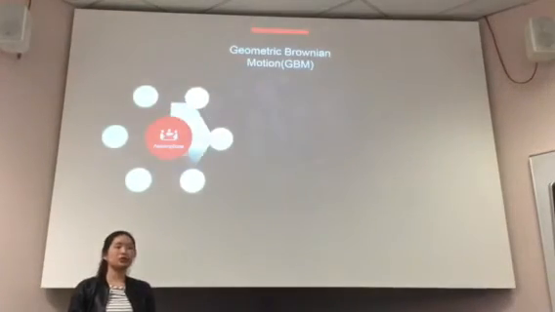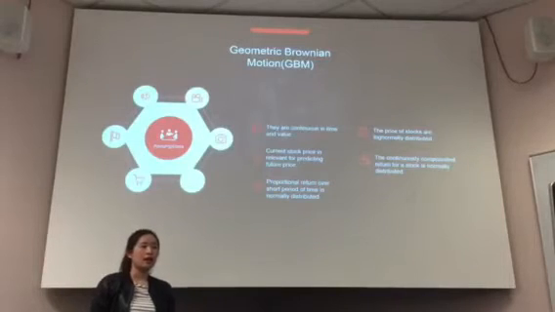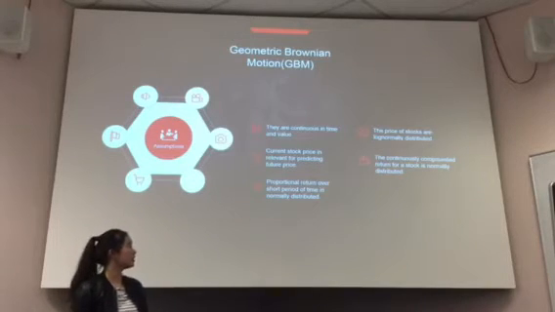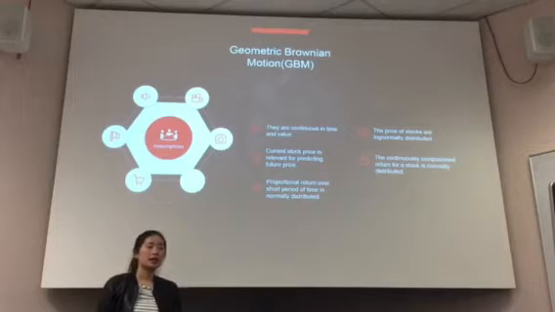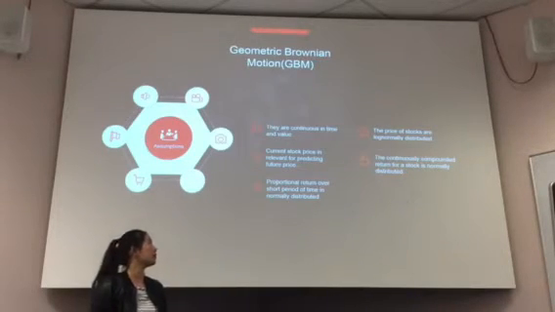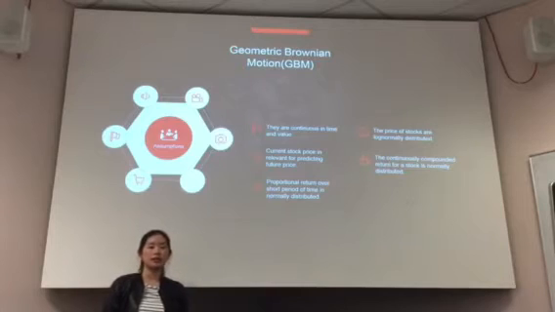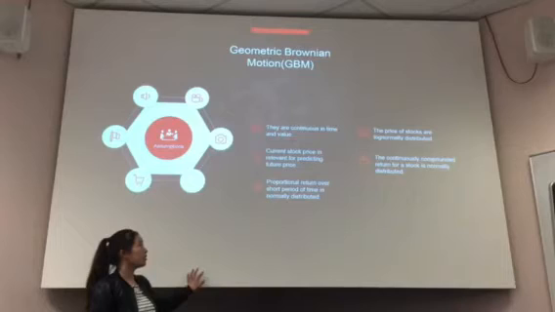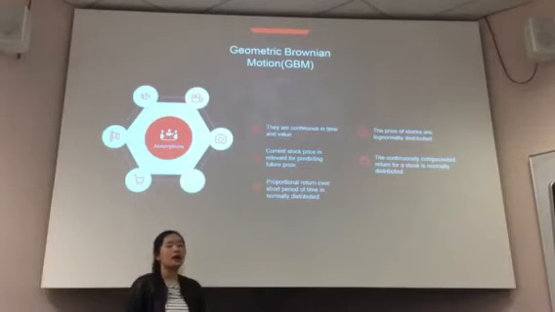It has 5 assumptions, and the first is that stock prices can be observed at all times and they change continuously. And the second says that the future price of a stock cannot be predicted based on its price history. And the other 3 assumptions have 3 different equations.